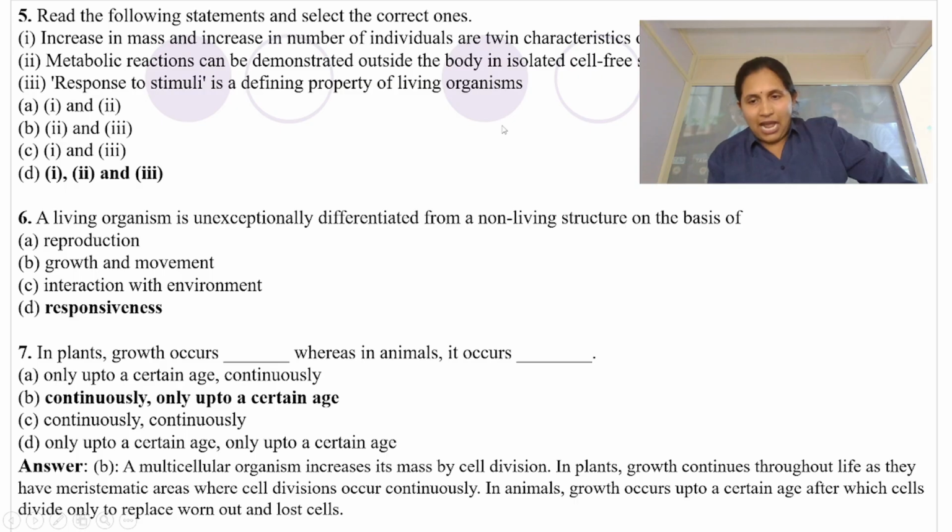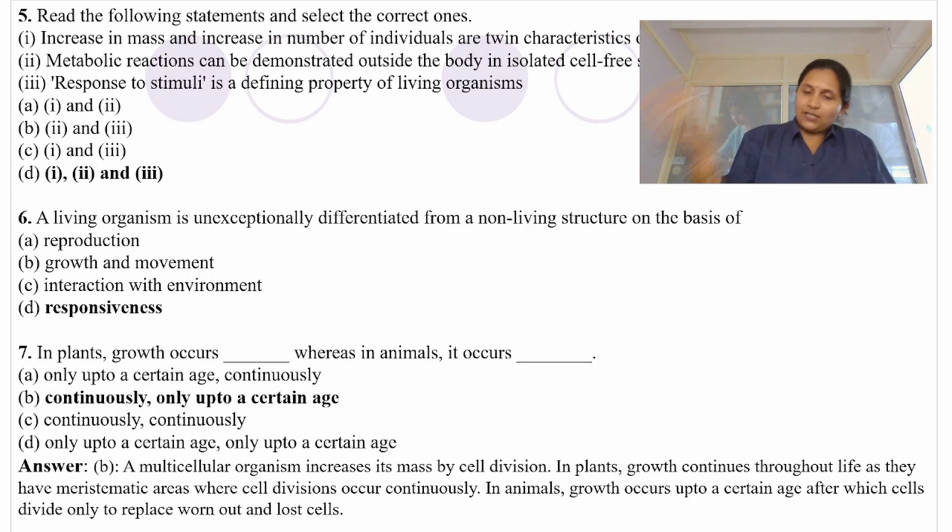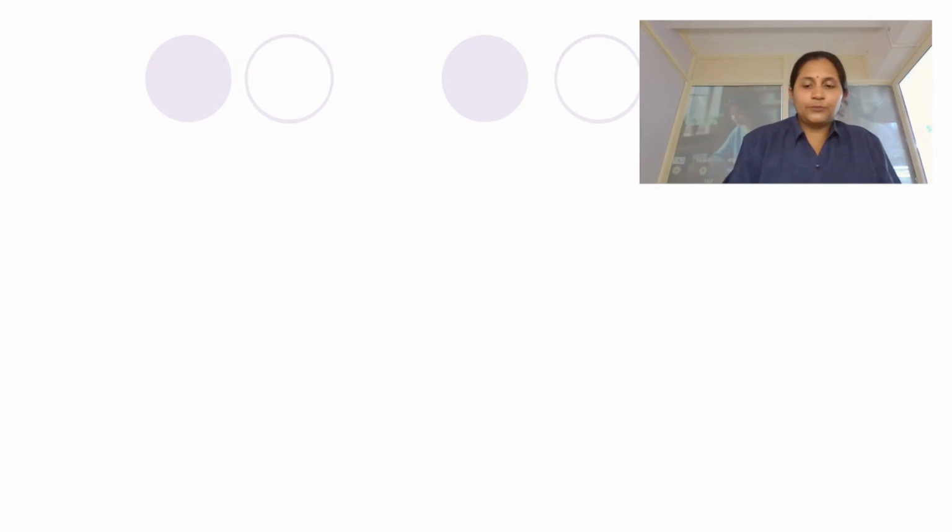Yes, in plants, they grow throughout life as meristematic areas where cell division occurs are continuous. These meristematic areas have life-creating opportunities, so they keep on growing. But we don't have that. We only grow up to a certain age, and after that, whatever cells and organs are there, they wear out and we lose the cells. That is called aging. Yes. Perfect. Let's move.